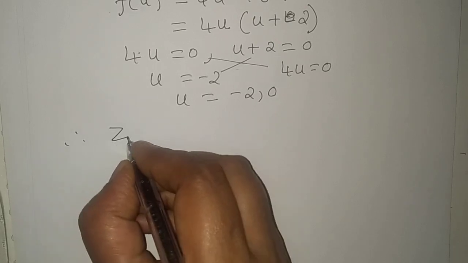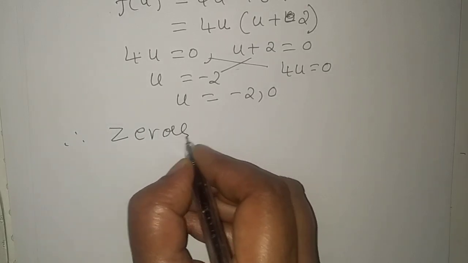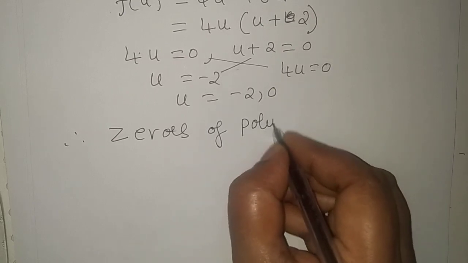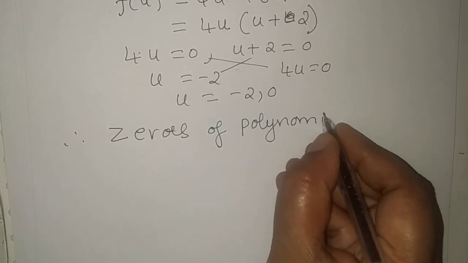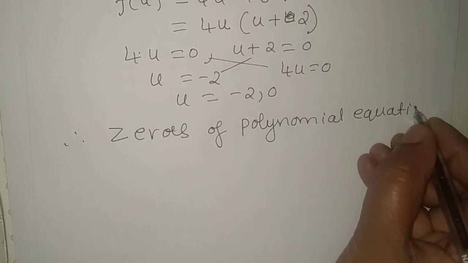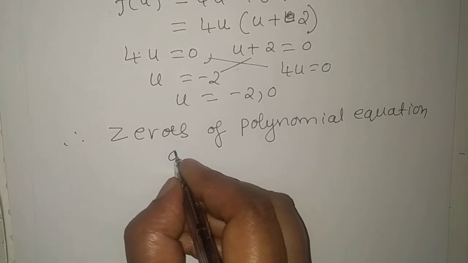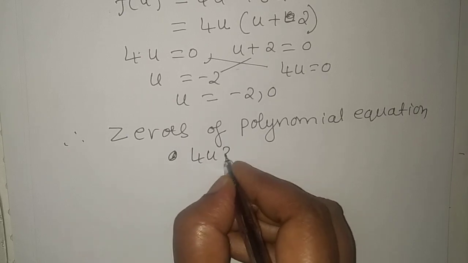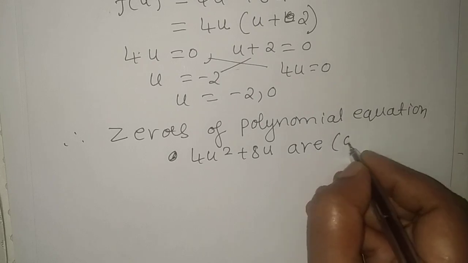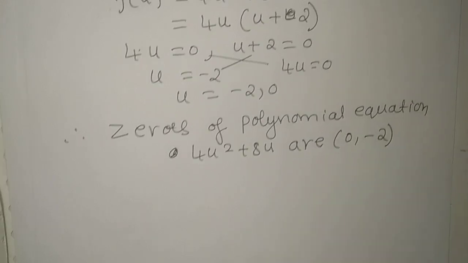Therefore we can write the zeros of the polynomial equation 4u square plus 8u are 0 and minus 2.